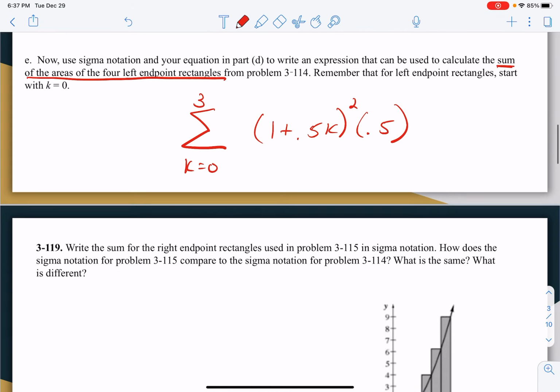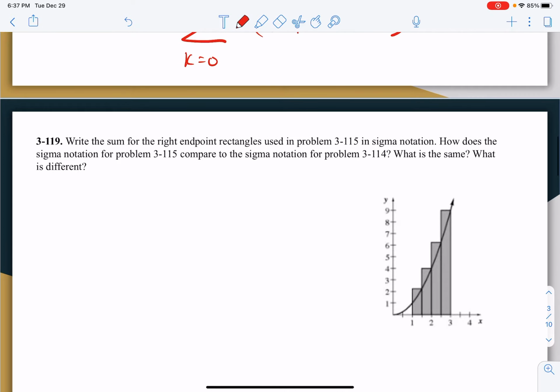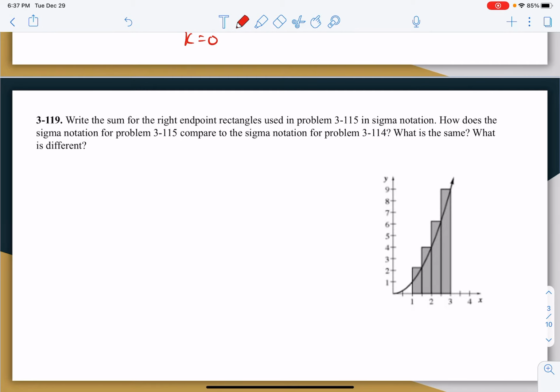Now if I wanted to change this up and use right endpoint rectangles instead, I can label my intervals. So x sub 0, x sub 1, x sub 2, x sub 3, x sub 4.